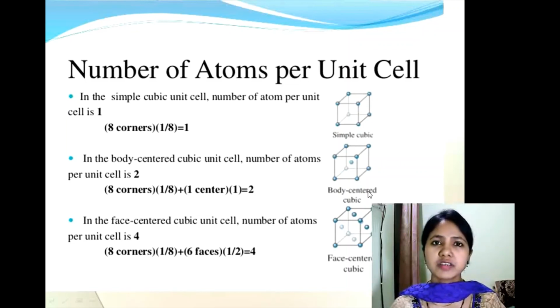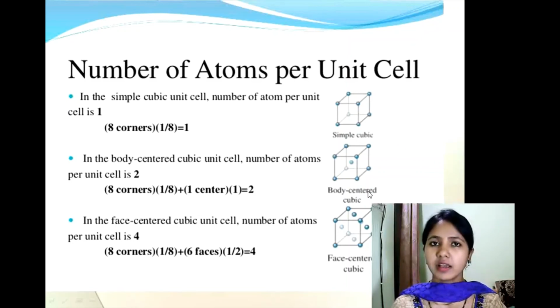Next we have discussed the types of unit cells, that is primitive and non-primitive, that is centered unit cell. In centered unit cells we have 3 types, that is body centered, face centered and end centered. Body centered is the one in which the atoms are present at the corners as well as one atom at the center of the unit cell.